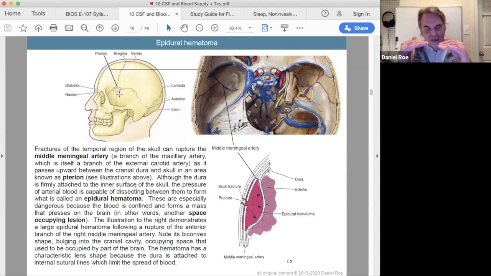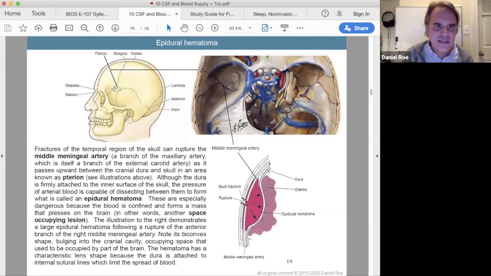Because all of these bones meet there, if you can get a good grip on them, you could actually pull them apart. So this spot is relatively weak because it's where all these bones meet and they're not fused real solidly. These sutural lines kind of disappear as we age, by the way, because they fill in. I've seen this a lot.